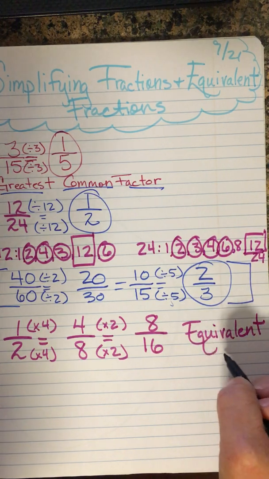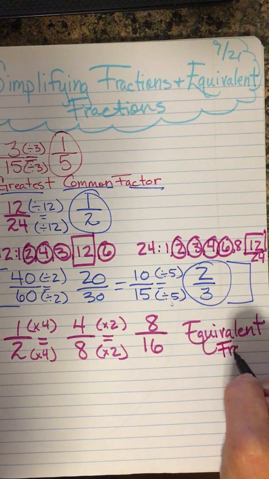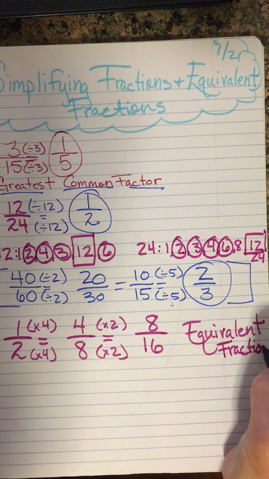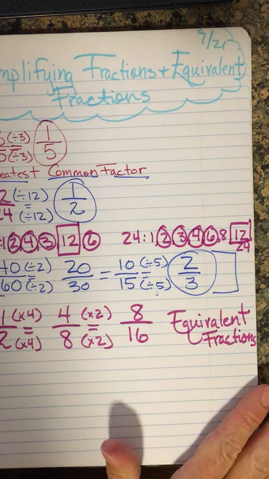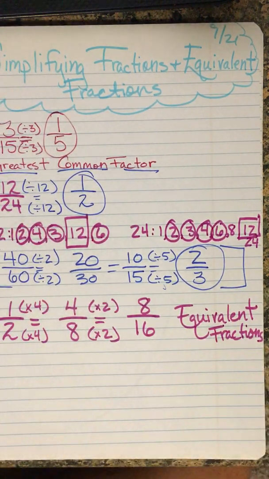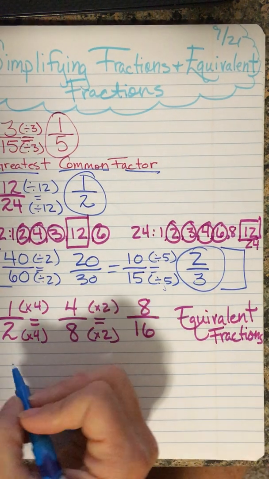Now, why do we do equivalent fractions? Well, that is what we will do all throughout this next week with adding and subtraction. So sometimes you're going to have two numbers we're adding together that are going to have different denominators.